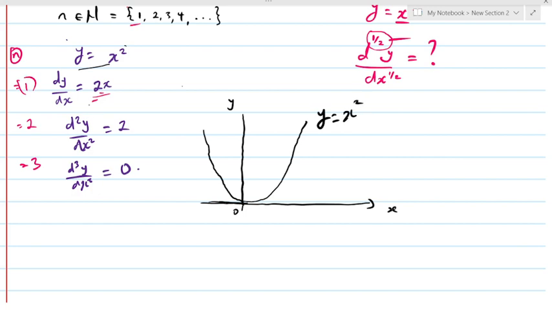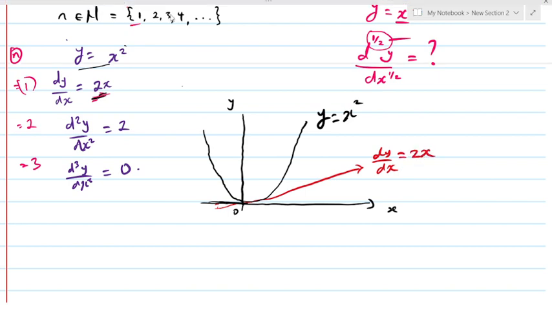So by the time we differentiate it once, we have 2x, and this is a linear equation, and we have a linear graph. Let's just assume we have something like this. Don't forget it's a straight line. This is dy over dx, we have 2x.